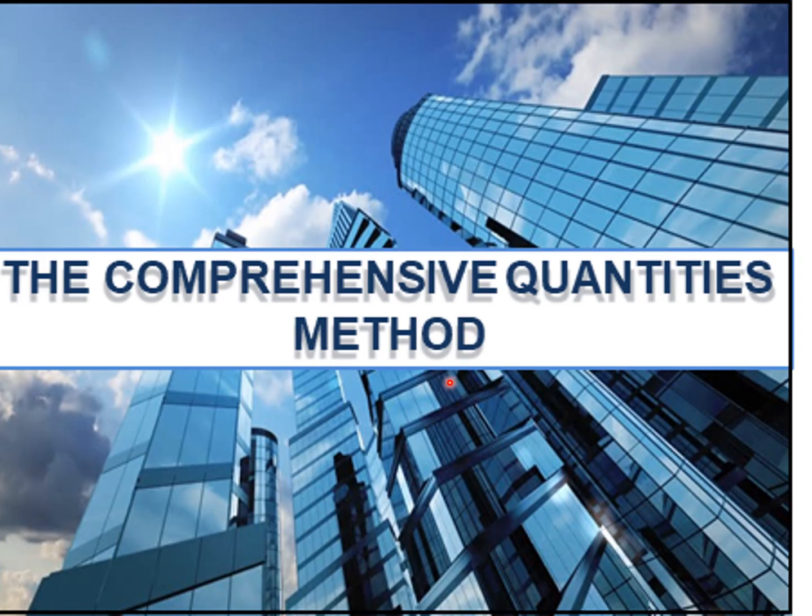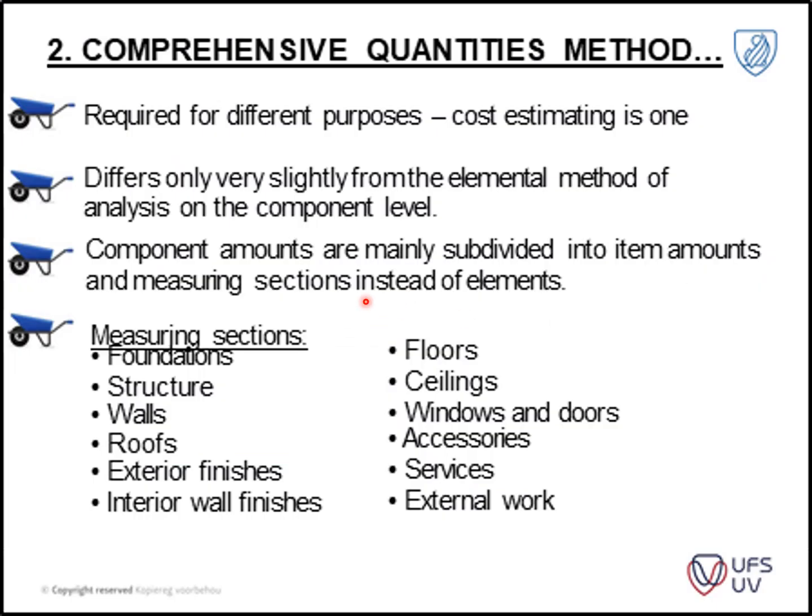Okay, so then getting to our comprehensive quantities. This is, as I mentioned, very similar to your BOQ method. But it's a tweak of how you measure your comprehensive quantities or your BOQ, where you don't have all of the information available, but the information that you do have available, you measure as if it's going to go in your BOQ.